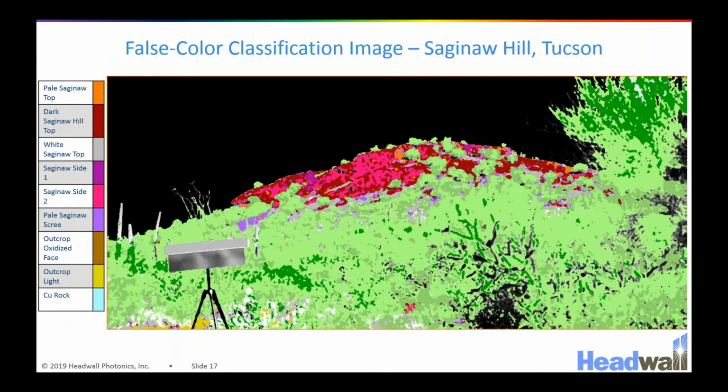Now, I went through and identified all of the different spectral signatures in that scene, created a false color image, and assigned arbitrary names to all of these signatures, some of which you don't see here because I created a spectral library for all of the different scenes that we scanned, and I'll show those other scenes in a second. But first, this is the broad overview of the hillside, and I made all of the vegetation green just so you wouldn't get a bunch of dark areas at the bottom of the screen.